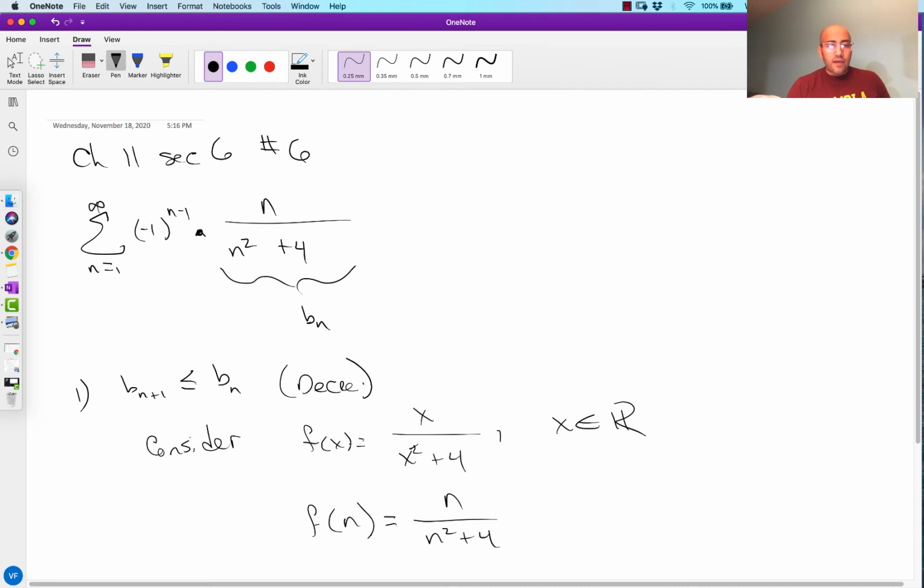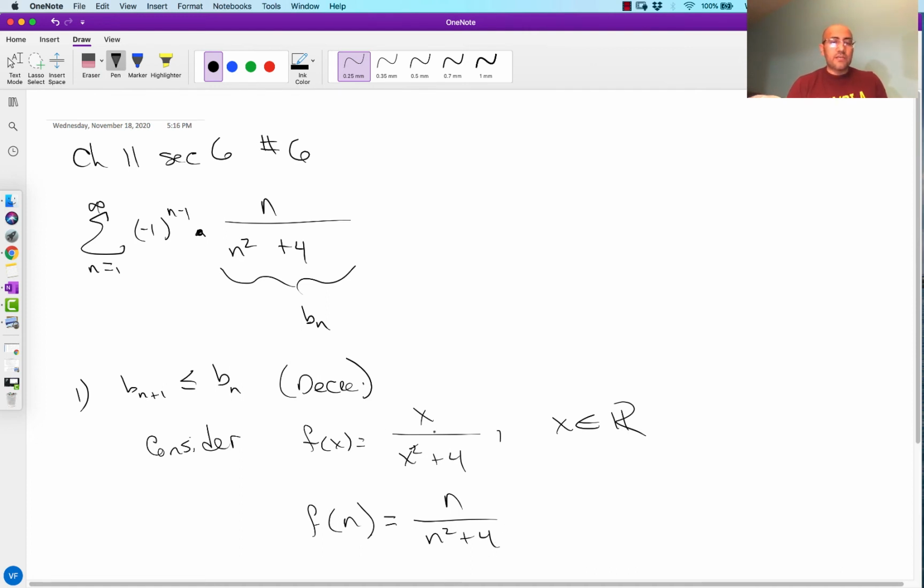So in other words, if this is a continuous function, then these values are little dots within there. They're a specific subset of these results. So if we can show that this function is decreasing, then we've established that this one is also decreasing.